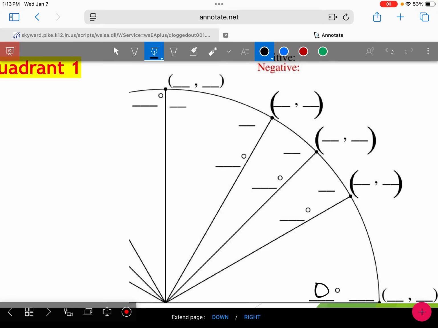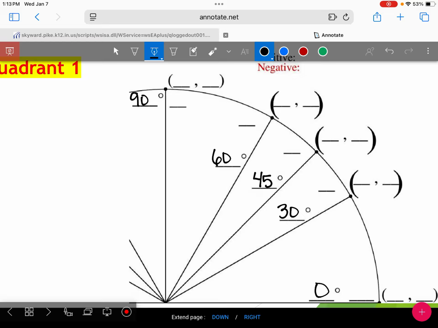And then this is my 30 degree. This is 45 degrees. This is 60 degrees, and this is 90 degrees. Remember I said it's 30, 60, 90, and 45, 45, 90.